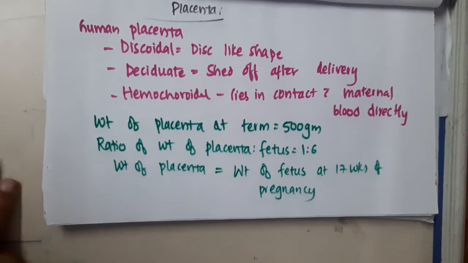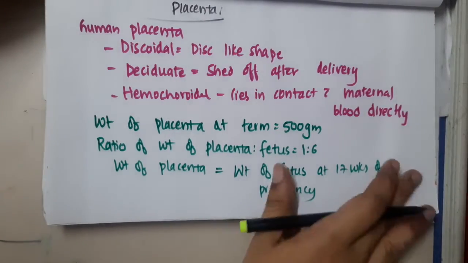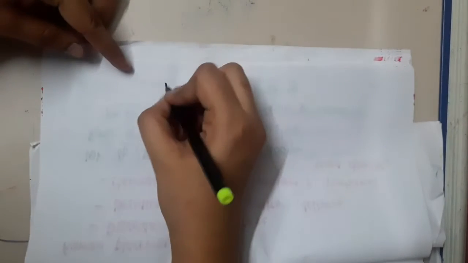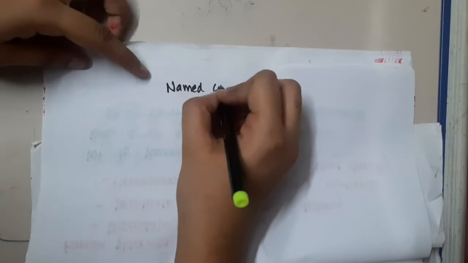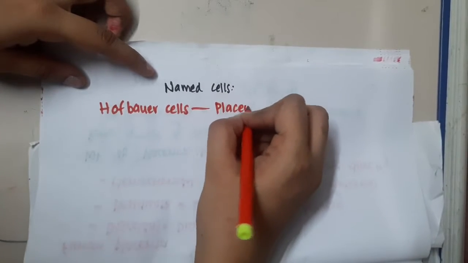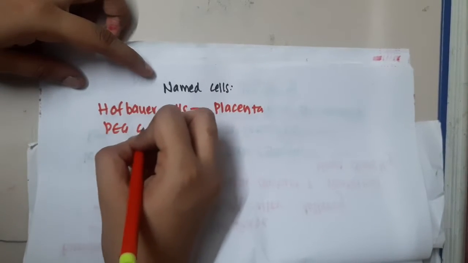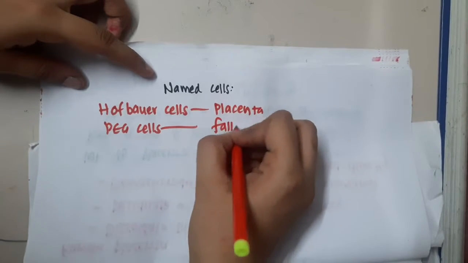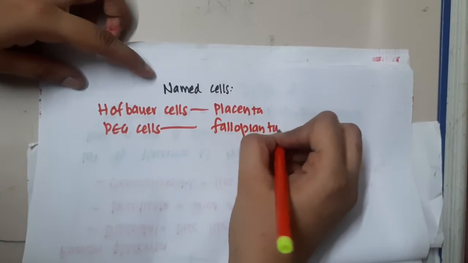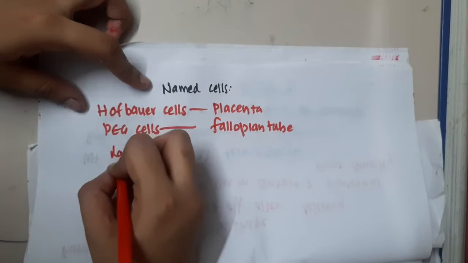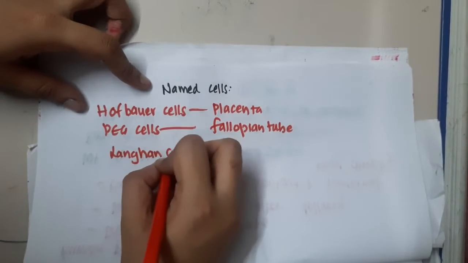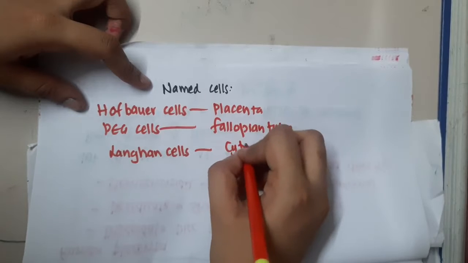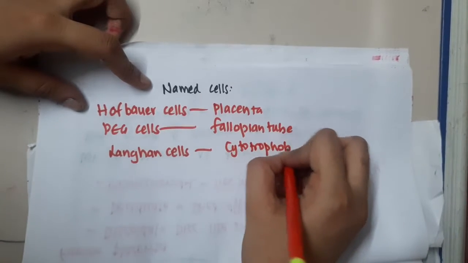Now, what are the named cells? The named cells in placenta include Hofbauer cells. Then we have PEG cells, which are the named cells in fallopian tube. Langhans cells are named cells in cytotrophoblast.